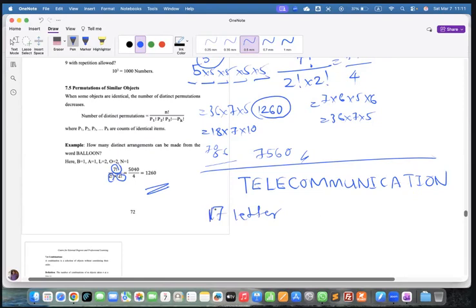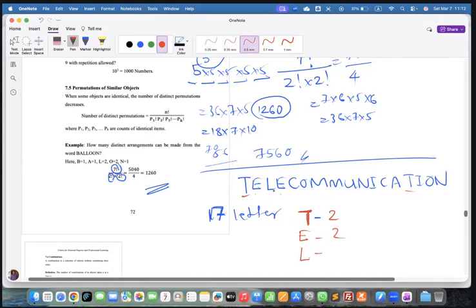So now tell me how many letters are duplicating? How many T's do we have? 2 T's, right? There are 2 times T occurred. How many E's do we have? 2. How many L's do we have? Only 1, right?